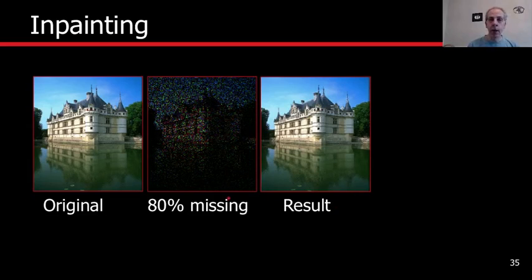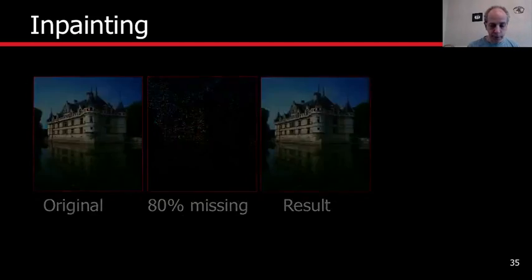Again, for this example, we started with a dictionary that was learned from a database of natural images. Then we adapted it to this image for a few iterations. And then we do this by reconstructing every patch and then averaging for every pixel all the patches that touch it. Again, I think these are very impressive results showing the power of this technique.